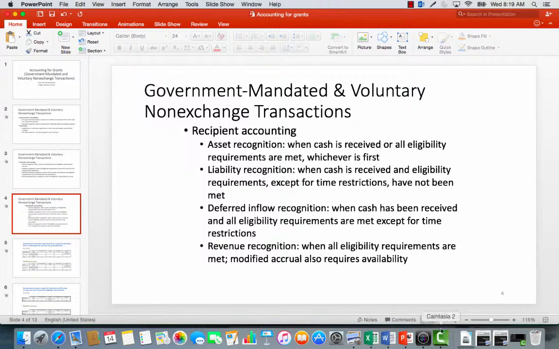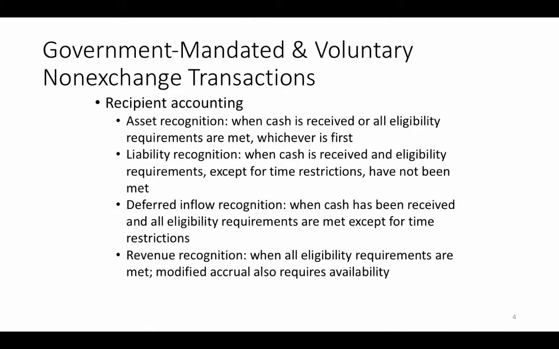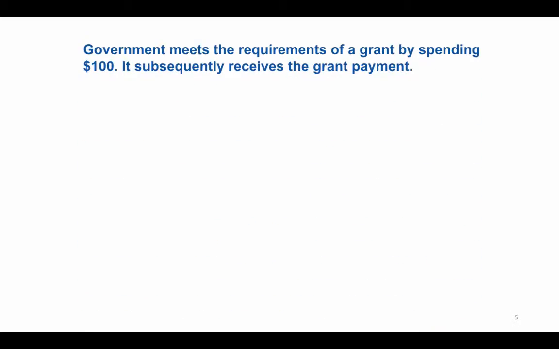So I'm actually going to open up the PowerPoint now and show you some typical and very simplistic grant transactions so that you can see how the debits and credits work.